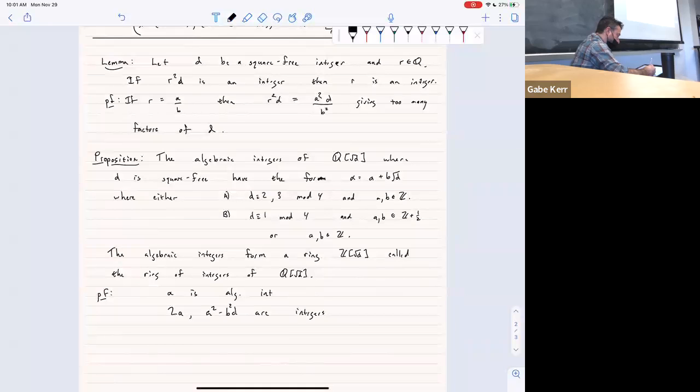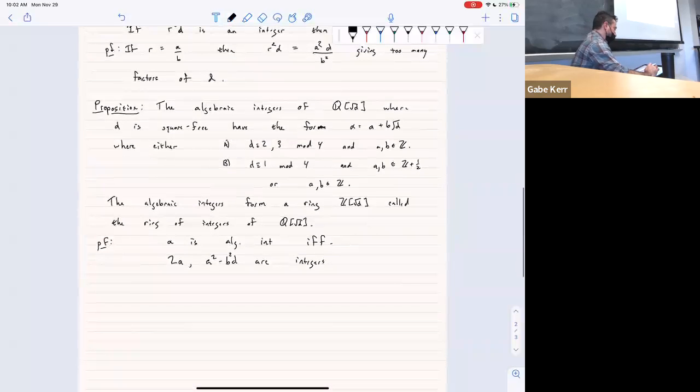Now, either a is an integer or a is a half integer, because 2a is an integer.